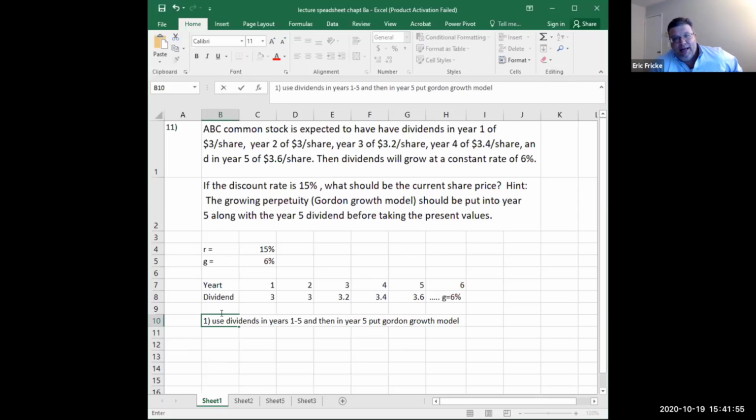Now the Gordon growth model, if we put that in year 5, represents all the future dividends. If we remember the Gordon growth model, it's going to use the dividend from the next year. So that means the Gordon growth model is actually going to have year 6 dividends in it.